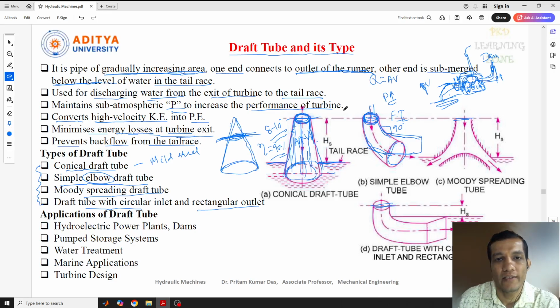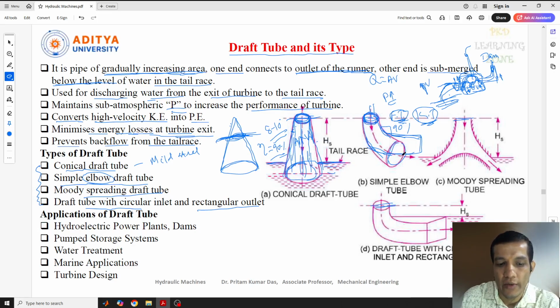We have Francis turbine, Kaplan turbine, and propeller turbine. So mostly these draft tubes will be used for either Francis turbine or Kaplan turbine, both we can use.